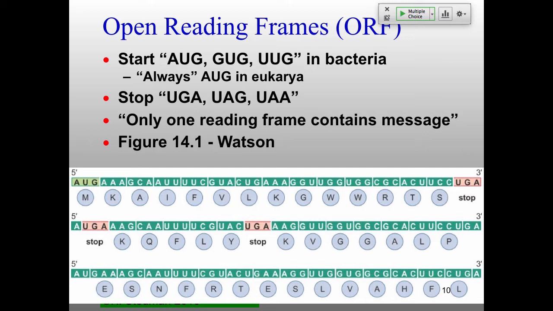And most importantly, if you're going 3 by 3, where do you start? So, we already said where we start. AUG, your methionine. And we also have stops, all these various different stops. But with any particular stretch of sequence, and this is just a single-stranded sequence, of course, we normally have double-stranded sequences here, there are 3 different possibilities for what kinds of amino acids you could actually get out of this.